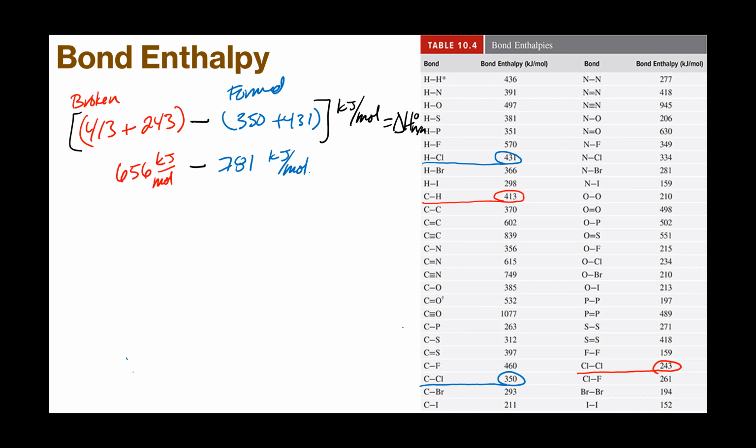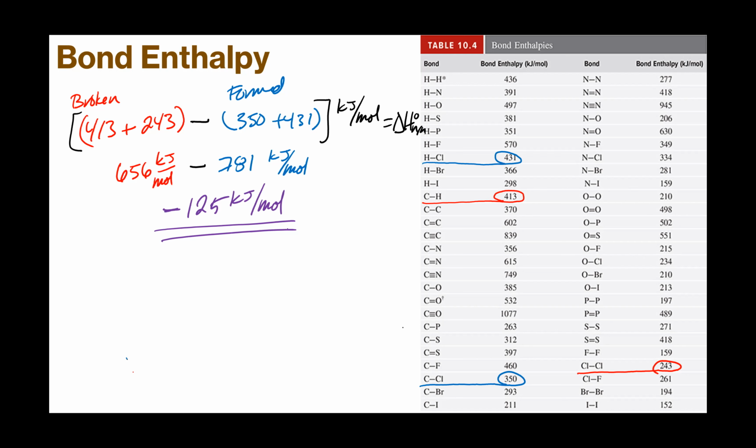Then we take the difference of those two things: 656 minus 781 is negative 125 kilojoules per mole. Not too bad. Just to remind ourselves, this is an estimate. If we do the experimental, the delta H for this is negative 101 kilojoules per mole. That's okay. We're close. We're in the ballpark.